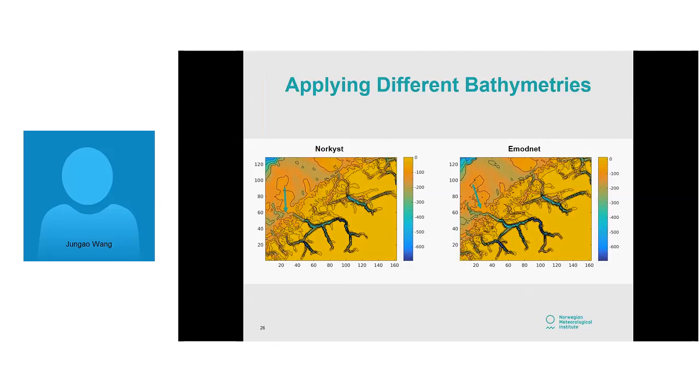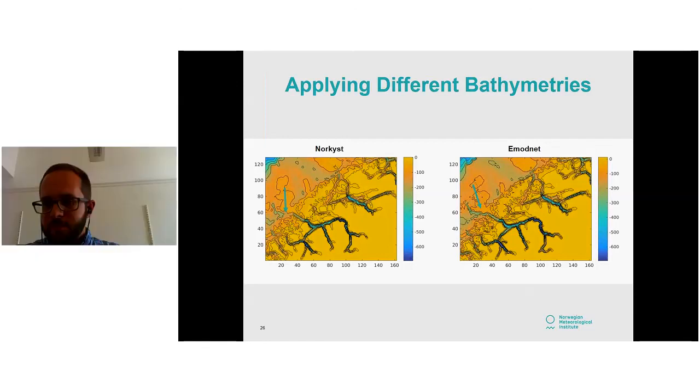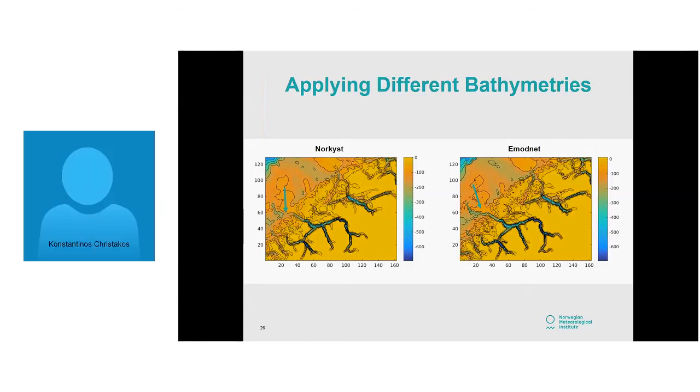So is that so different? Even if you have a 250 resolution for the bathymetry as well, the difference between the contour plots you show here, I don't see the difference. So just illustrating, for example, the Northeast and the EMODnet. So it's not a difference right now.